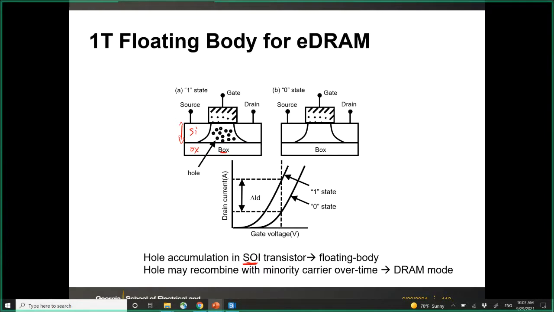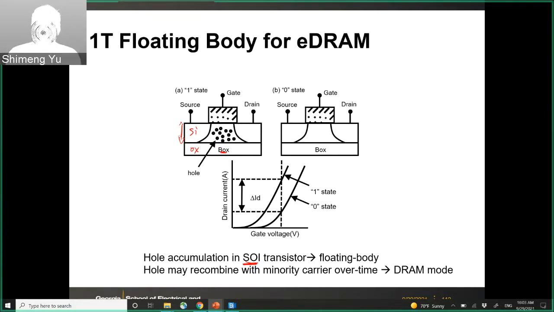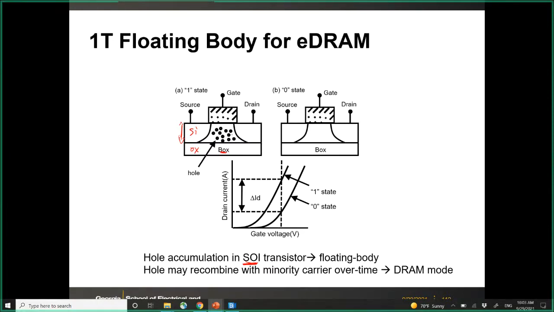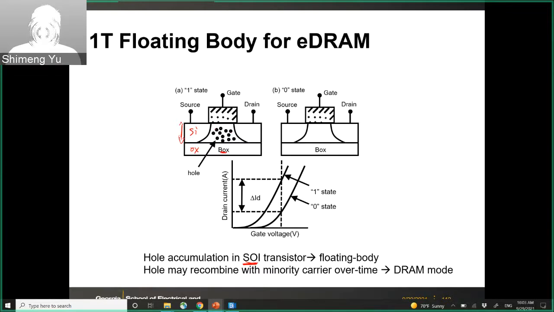The idea is simple for this one. Here the idea is to introduce holes in the substrate. You can apply some large voltage between the source and the drain, and then the electrons travel through, and there will be the so-called impact ionization process to generate electron and hole pairs. We have discussed a few times the electron hole pair generation.